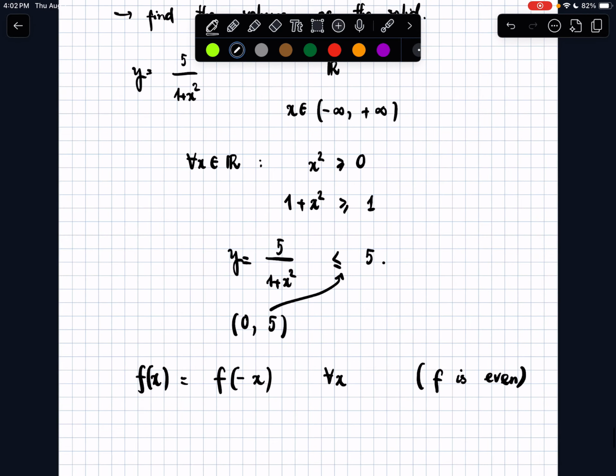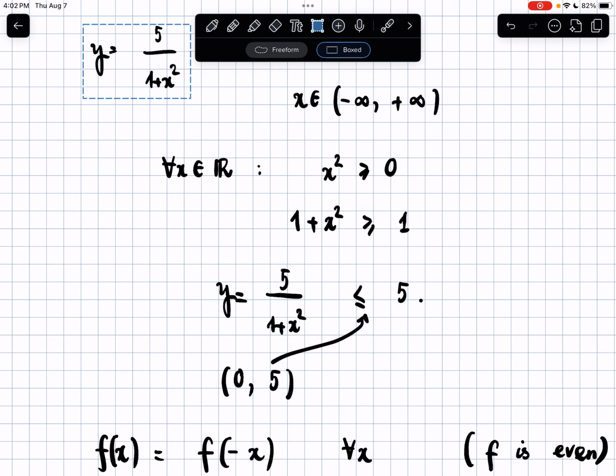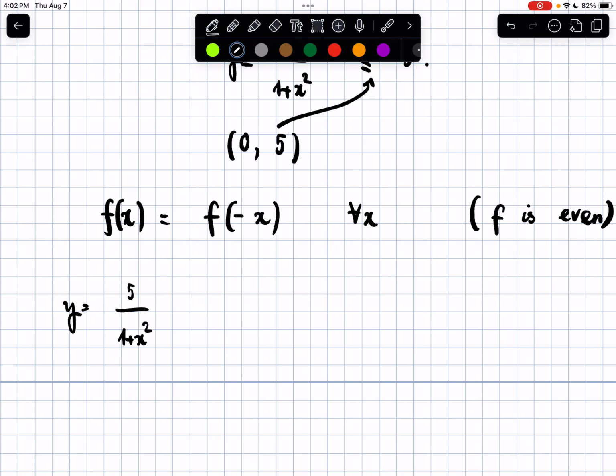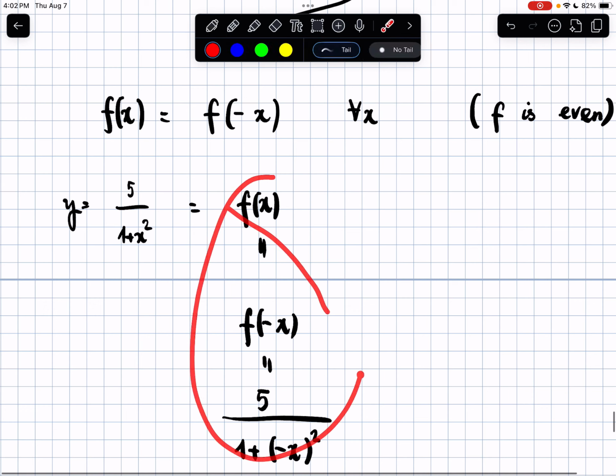This is because f of x equals 5 divided by 1 plus x squared, which is the same as f of minus x, 5 divided by 1 plus minus x squared, because x squared is even.